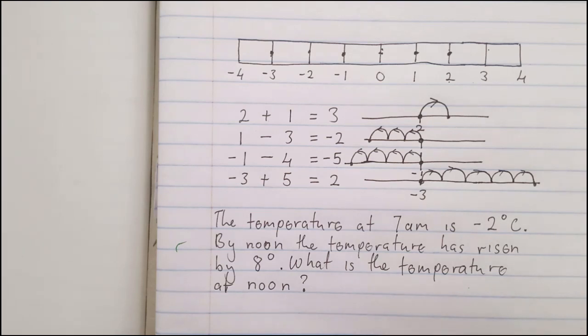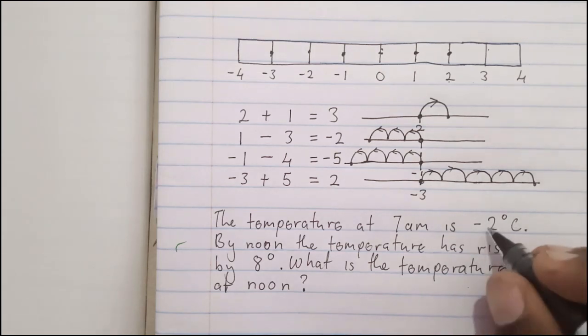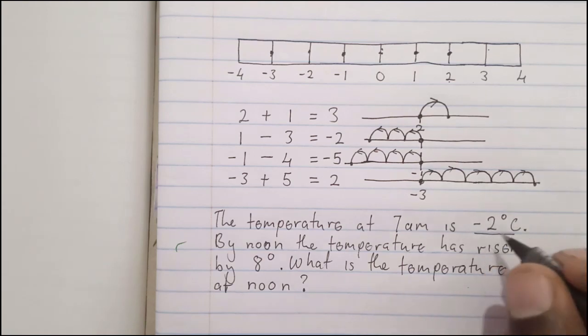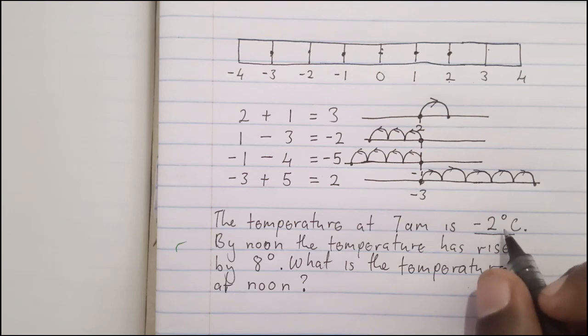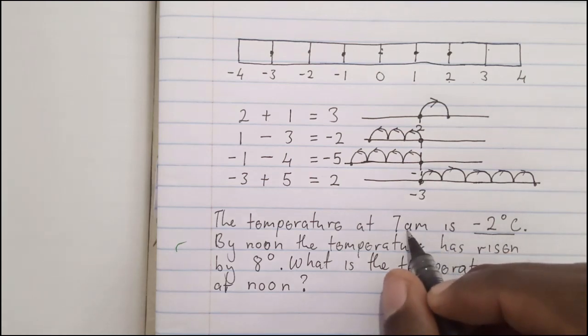Now, looking at our question, we ask ourselves, what are the positions and what are the steps? Okay? Can you guess which one is the position? Again, this is the position. Now, why is -2 degrees the position? Because this is the temperature at a specific time.